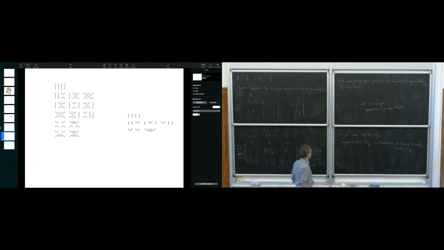Okay, and it can be shown that the dimension of Wj is equal to the difference of binomial coefficients, which here it is.